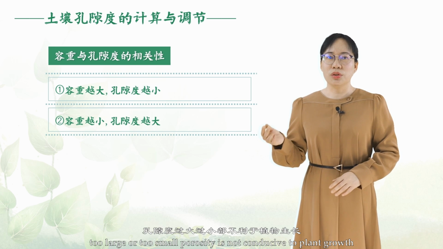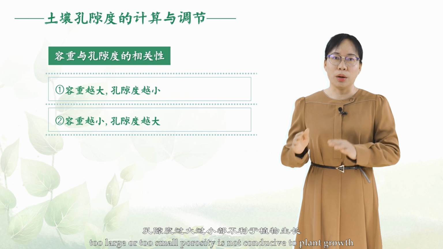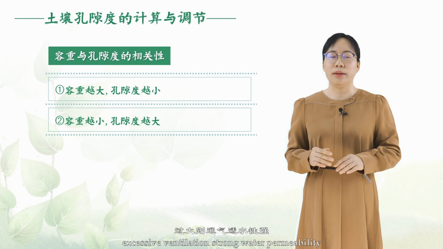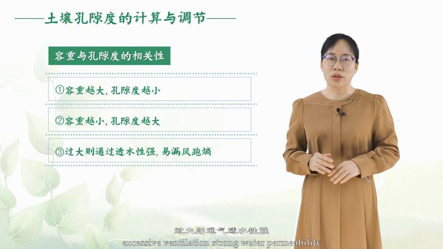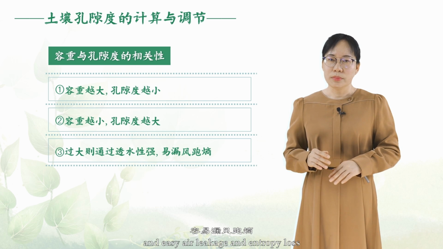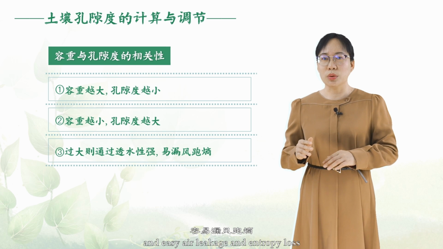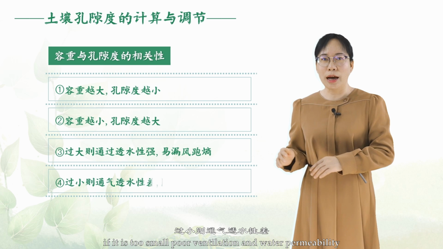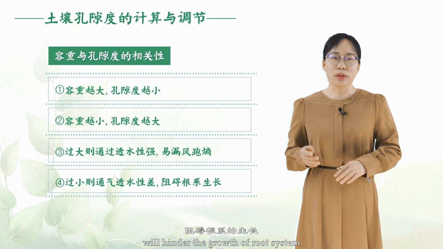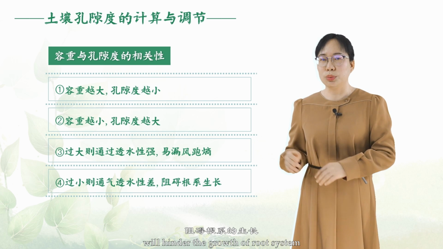Too large or too small porosity is not conducive to plant growth. If too large, there is excessive ventilation, strong water permeability, and easy air leakage and nutrient loss. If too small, poor ventilation and water permeability will hinder the growth of the root system.